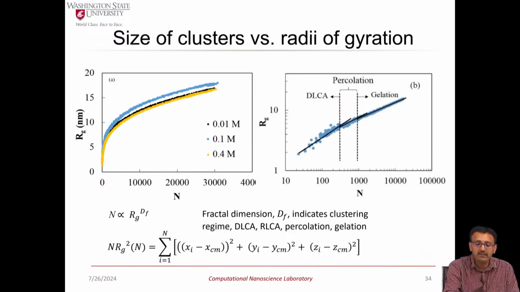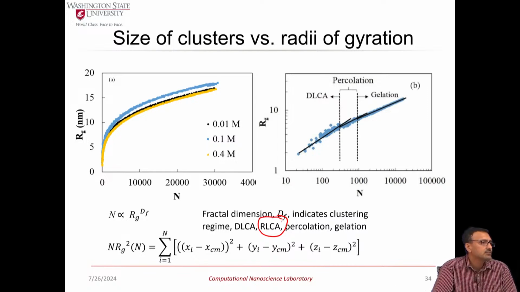On the other hand, there can be a regime which is reaction limited cluster aggregation, where you have a high energy barrier. Could be because these particles are charged and there is a repulsive force between them. By the way, the fullerene particles do have a slight negative charge.